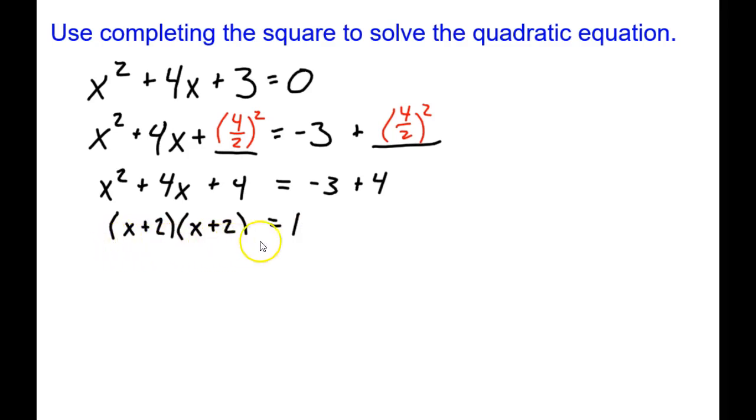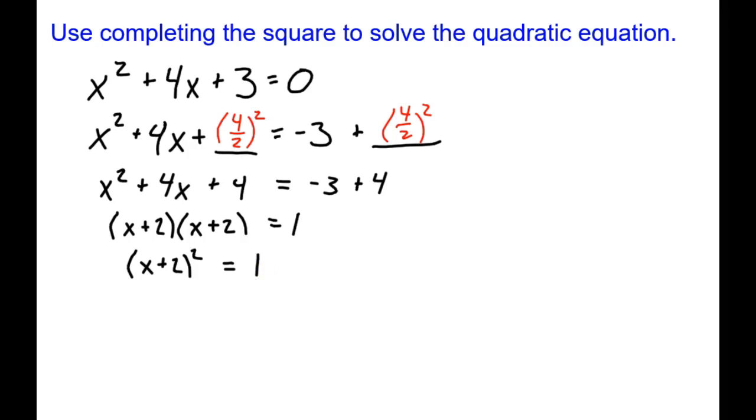Now, if we have some factor being multiplied by itself, the shorthand way of writing this is just x plus 2, that quantity squared. We have something times itself, 7 times 7, we can write 7 squared. X plus 2 times x plus 2, we can write that as x plus 2 quantity squared equal to 1.